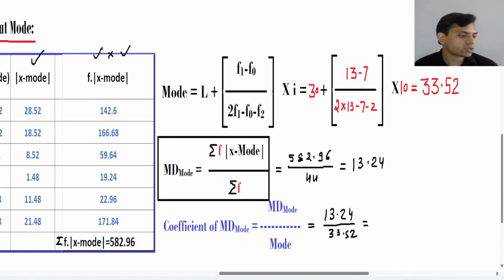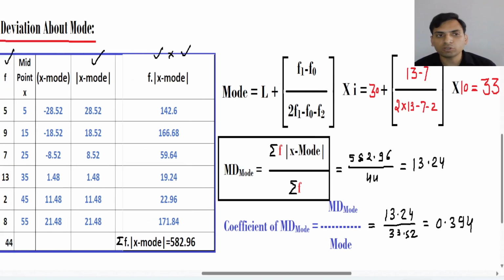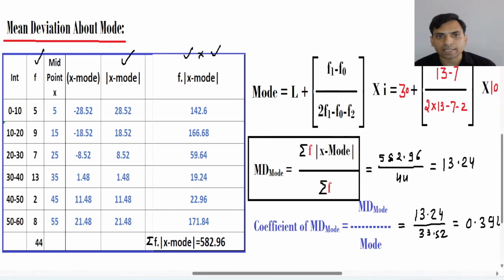You will get its coefficient, and this is equal to 0.394 something. So this is the coefficient of mean deviation about mode for this continuous type of data.